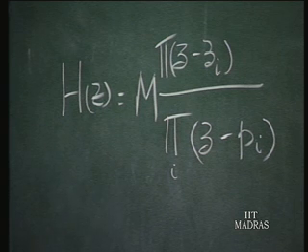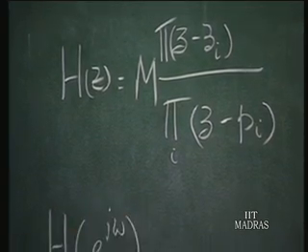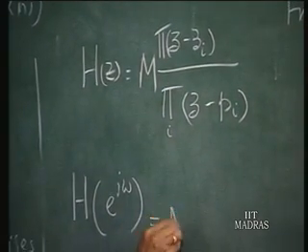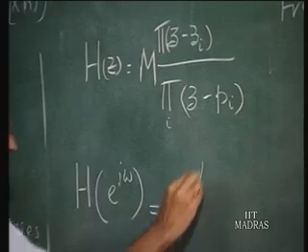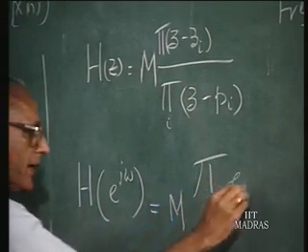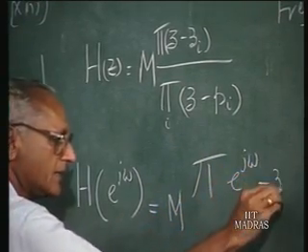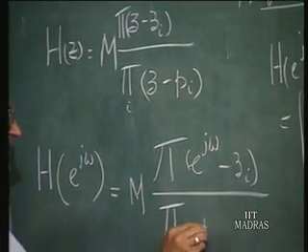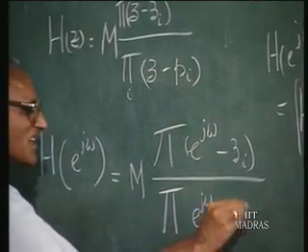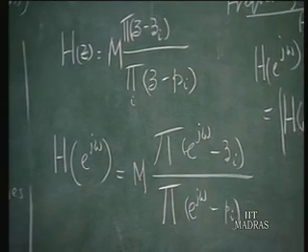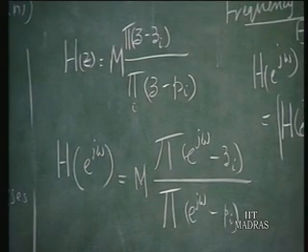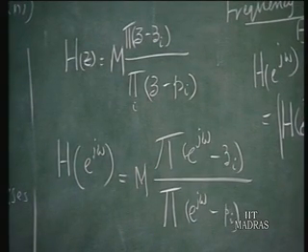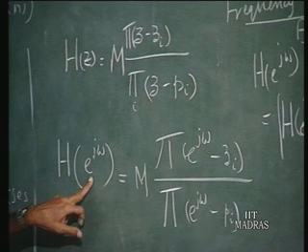So when you want to evaluate h(z) when z takes the value e^{jω}, h(e^{jω}) will now be m times the product of (e^{jω} minus zi) divided by the product of (e^{jω} minus pi). So all this means is you are evaluating h(z) at a point e^{jω}, which is clearly a point on the unit circle.